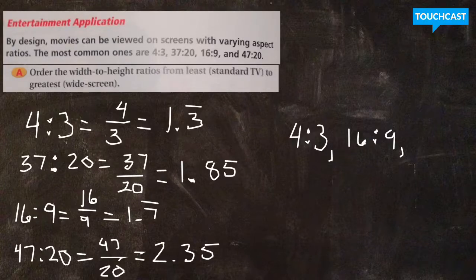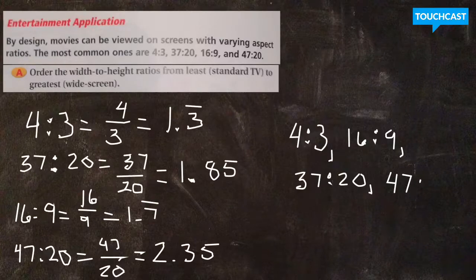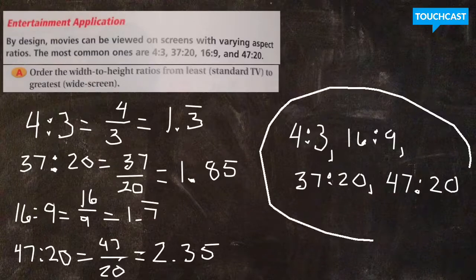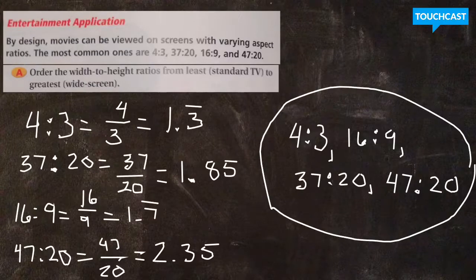Next we have 1.85. So our next ratio is 37:20. And that leaves then 47:20 for our greatest ratio. So we've ordered those ratios from least to greatest.